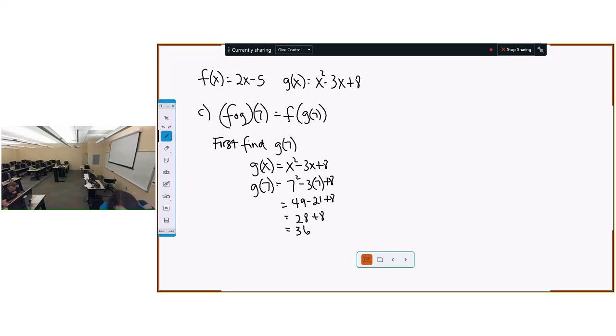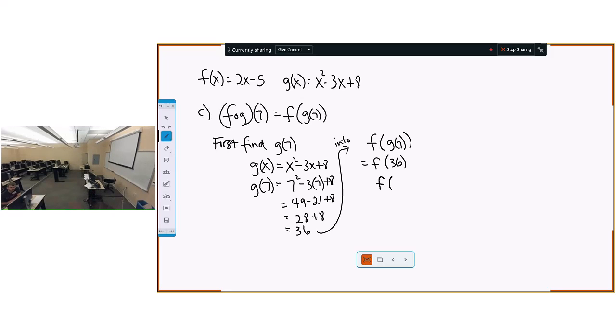So that's the output, and this becomes the input to f of x. So f of g of 7 would be f of, we just found out that g of 7 is 36, right?